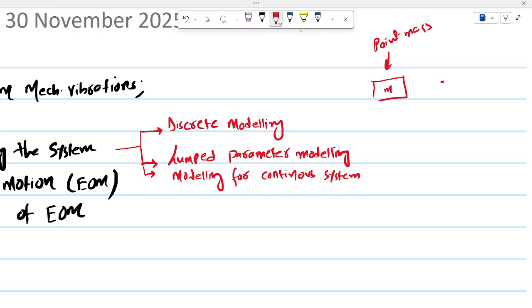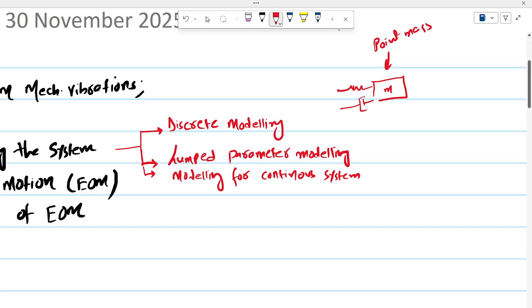You may represent it as a point and call it M. Then based on that you derive your equation of motion, and you represent the whole system stiffness as one spring, and the whole system damping as a single damper, or dampers in series or parallel. That's the discrete modeling which we have been doing so far.